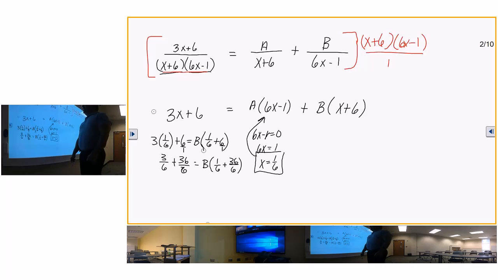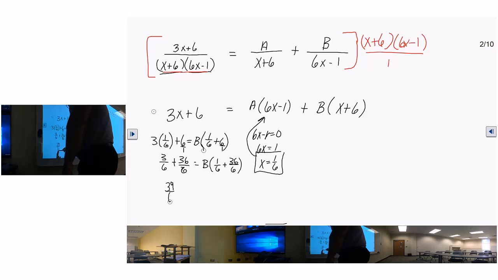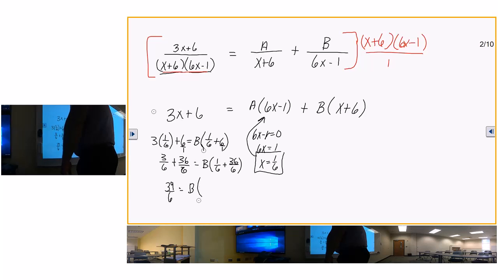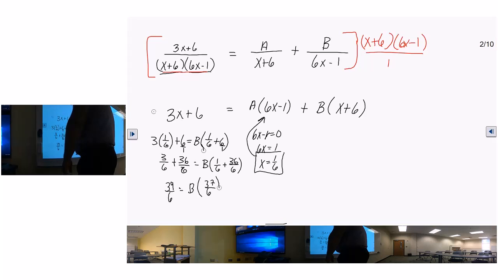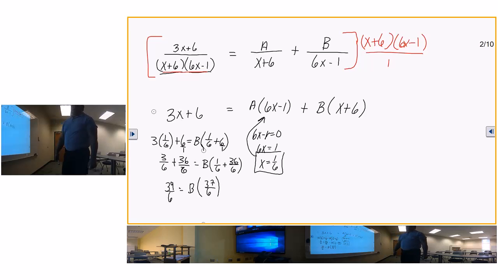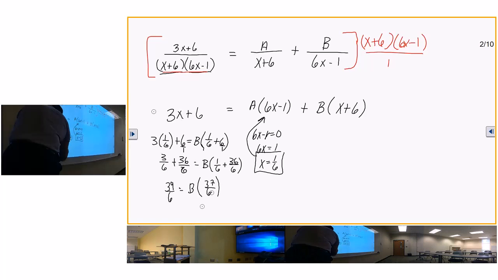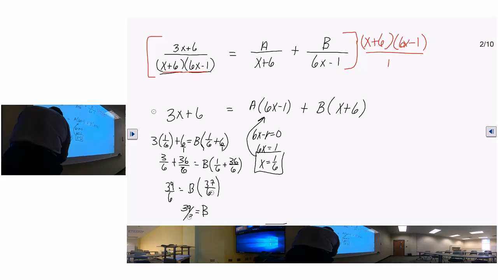Okay? That'll give us 39 over 6 is equal to b times 37 over 6. Now, when you do the math, you get b is equal to 39 over 37.